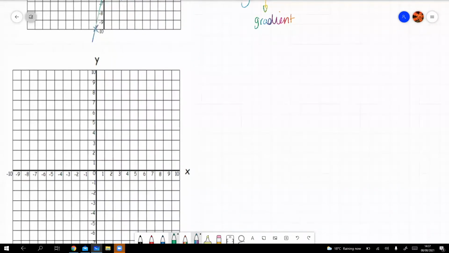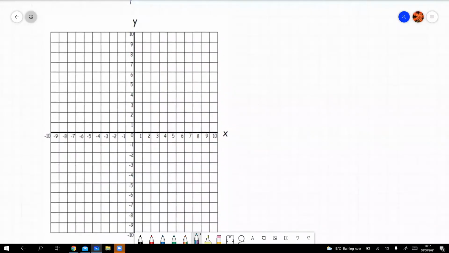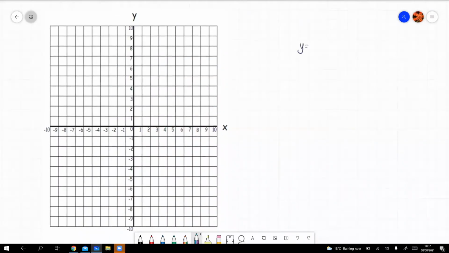Let's have a look at y equals minus 2x plus 3. Okay, again, your x's and your y's.